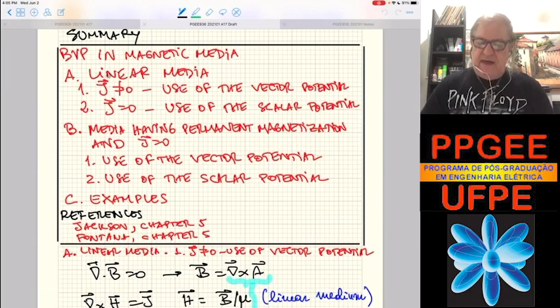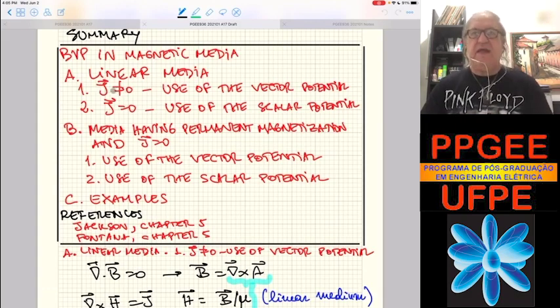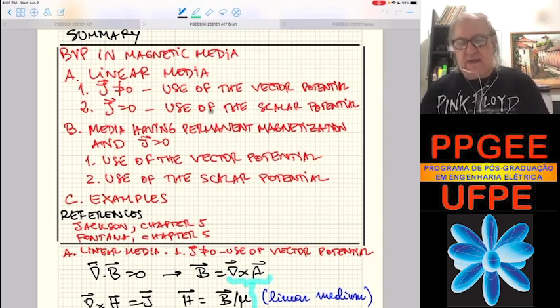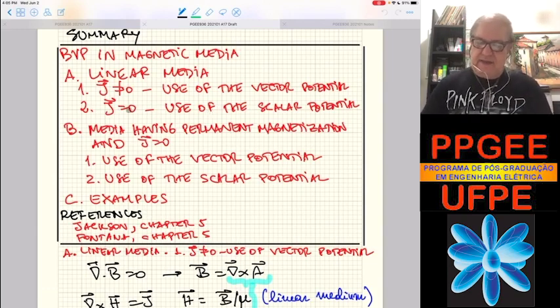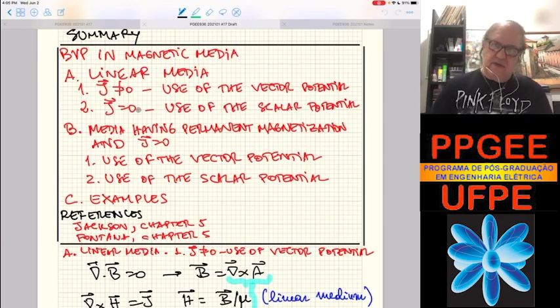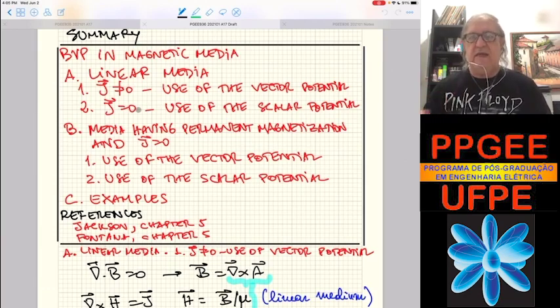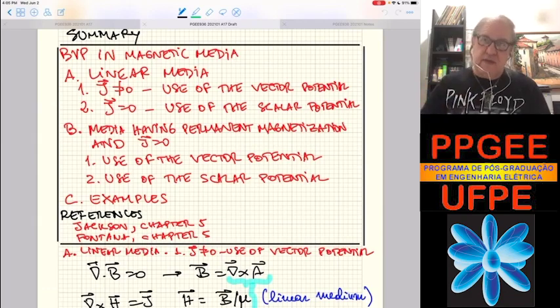For instance, for linear media in which B and H are linearly related, we are going to consider the situations for J different than 0 by use of the vector potential, and situations in which J equals 0, then we can use a scalar potential, because in this case, for J equals 0, the curl of H is 0, circulation of H is 0, and H can be derived from a scalar potential function.